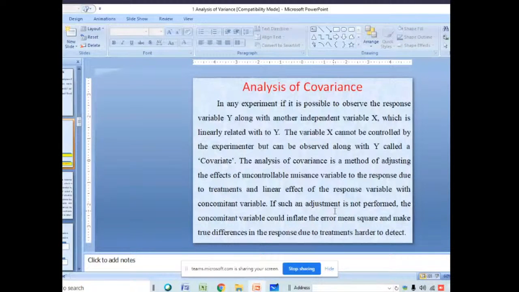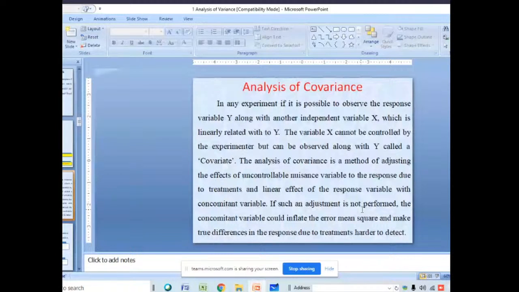Analysis of covariance is the method of adjusting the effects of uncontrollable nuisance variables on the response, due to the treatments and the linear effect of the response variable with a concomitant variable, that is called a covariate. Concomitant variable is nothing but a covariate.